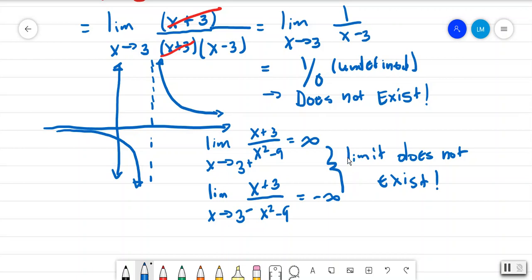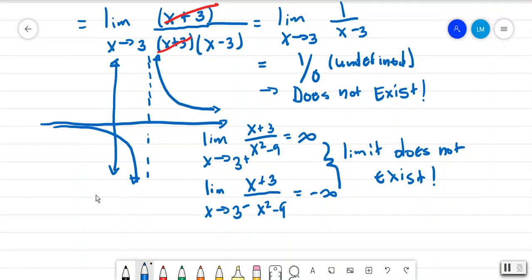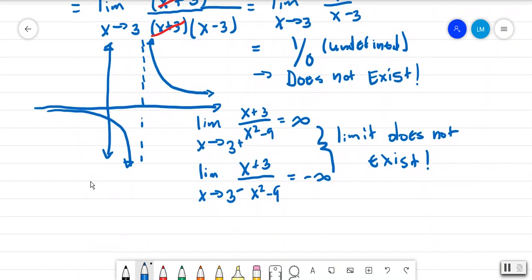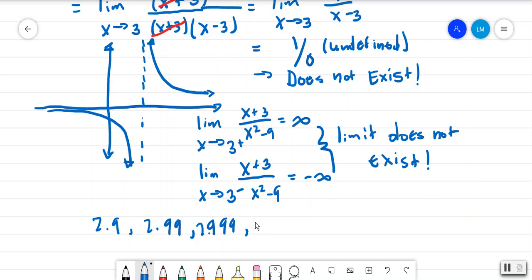Normally, I would say you can also use the table values, where you would use 2.9, 2.99, 2.999, and then the next numbers, which would be like 3.001, 3.01, and then maybe 3.1.